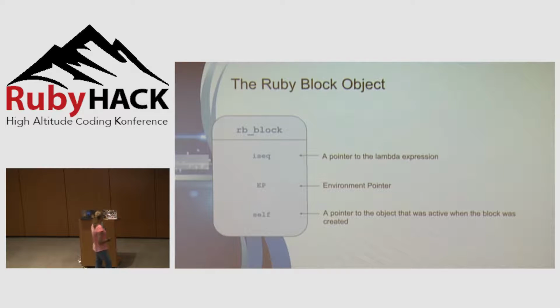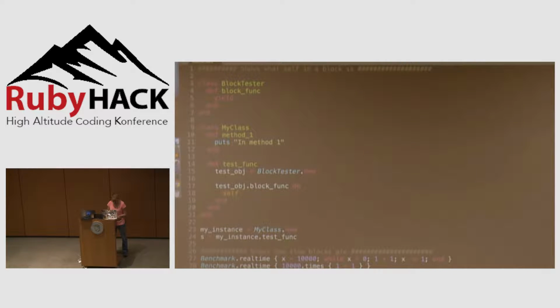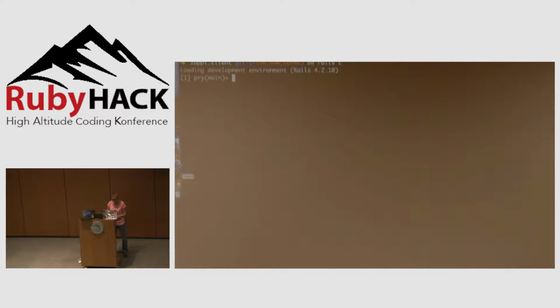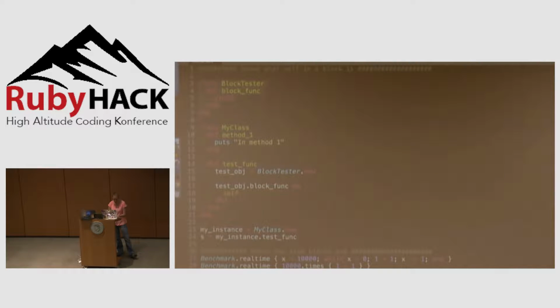And I can show you the self property in action in some live code. So what I'm doing here is defining the BlockTester class. As you can see, it's a really simple class. It's got the block_func method defined in it, and it essentially just yields to whatever block you pass it. Now I'm going to define my class, MyClass, which is another class.